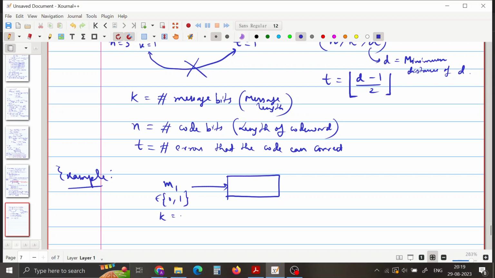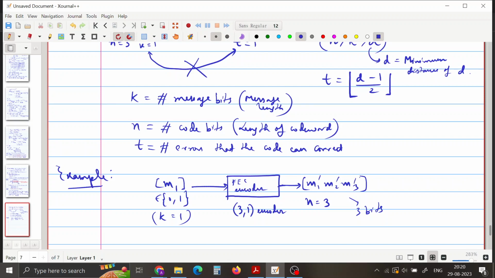So k is 1, the length of the message is 1, and this is my FEC encoder, which gives me a vector of size 3 for a (3,1) encoder. So it will be some M1', M2', M3', a sequence of 3 bits. Initially you had only 1 bit, it goes to 3 bits.